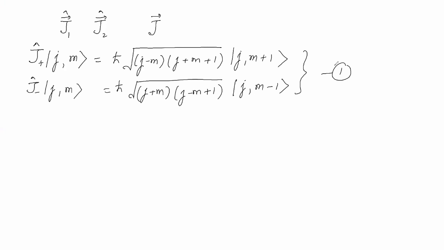Now, that means if instead of J, I call it by the name J1, where J1 plus is J1x plus i J1y, and J1 minus is J1x minus i J1y.